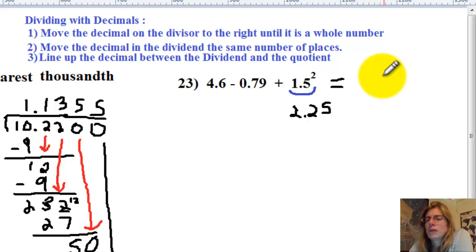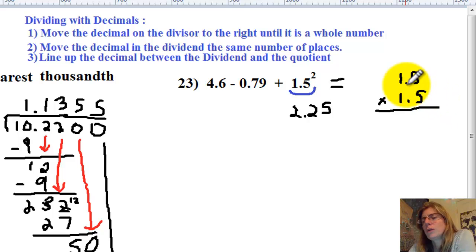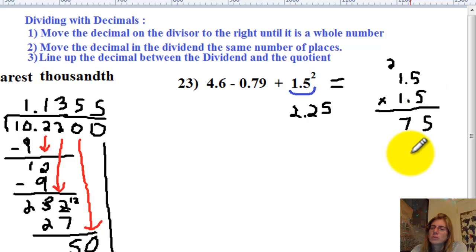So let's go through that multiplication. 1.5, we know what our answer is going to be. Let's look at it. All it is, you literally ignore these decimals. You don't have to line them up. In this case, they already line up. But you multiply as normal, and you decide where the decimal for the answer goes at the end. 5 times 5 is 25. Carry your 2. 5 times 1 is 5, plus 2 is 7. 5 times 1 is 5. 1 times 1 is 1.